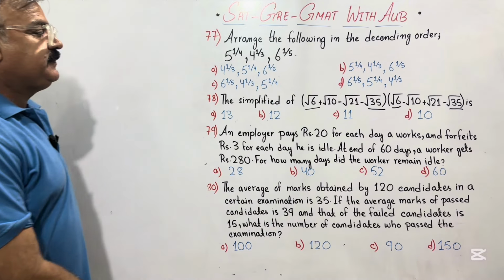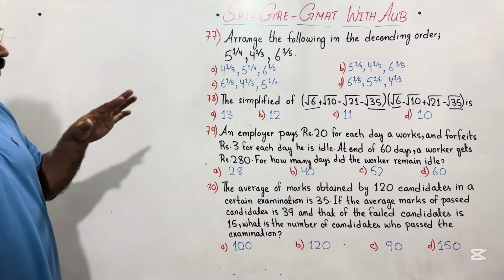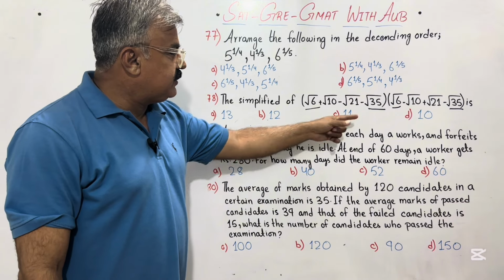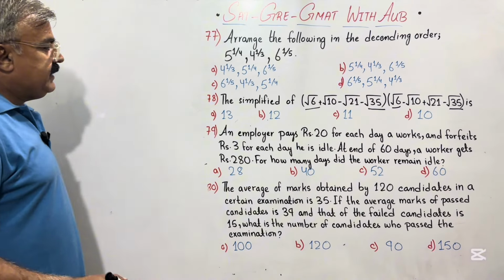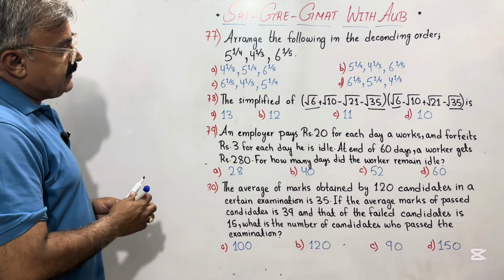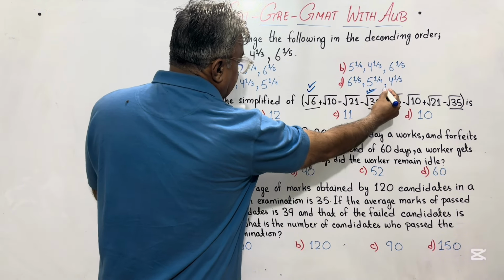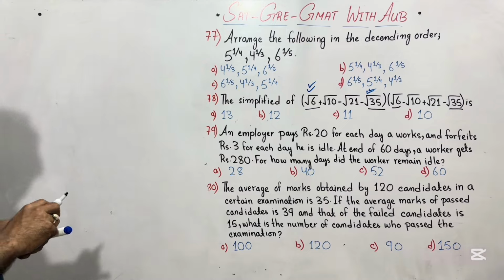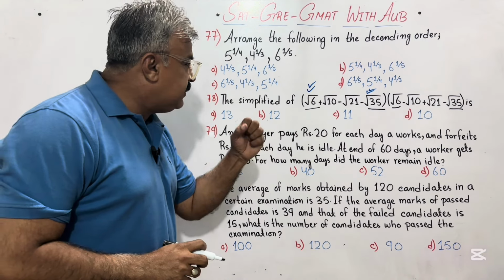Positive √6, positive √6, negative √35, negative √35. That is the key that is going to lead us somewhere rational, somewhere at a good platform. In a simple fashion, we can negotiate this question.